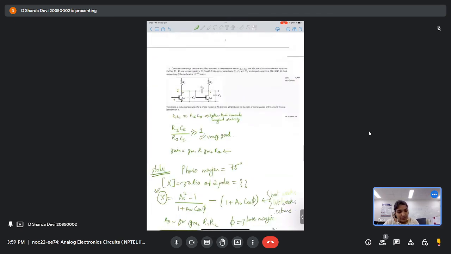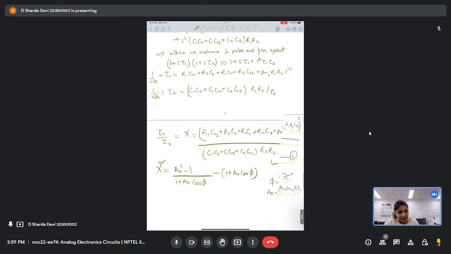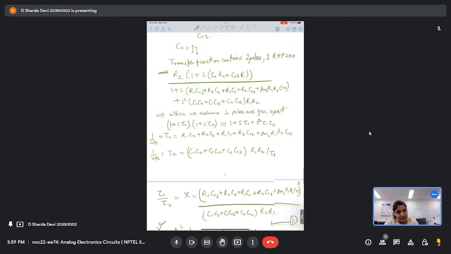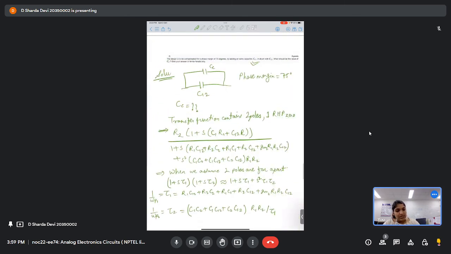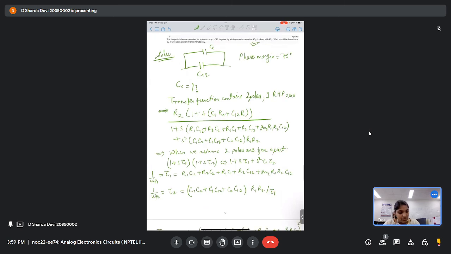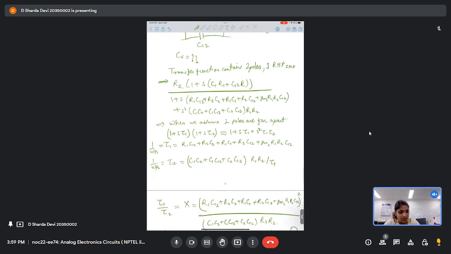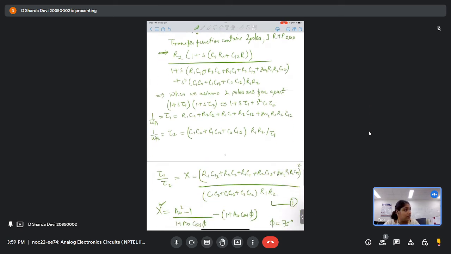Here there is one thing: we are using C12 in all these formulas. We have not used Cc, we have only used C12.